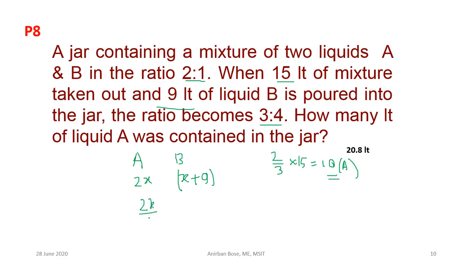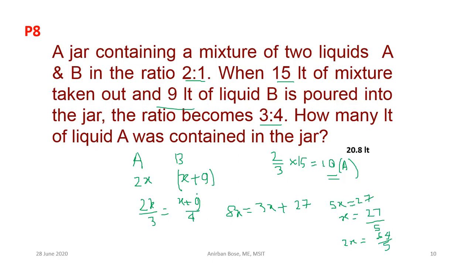So what we do, 2x divided by 3 is equal to (x plus 9) divided by 4, or 8x is equal to 3x plus 27. Okay, so you can find out 5x equals 27, or x is equal to 27 by 5, or 2x is equal to 54 divided by 5.